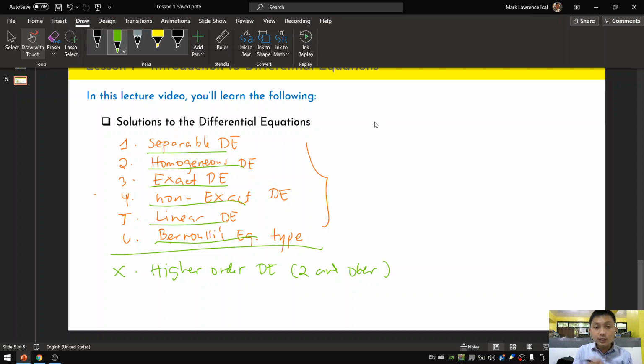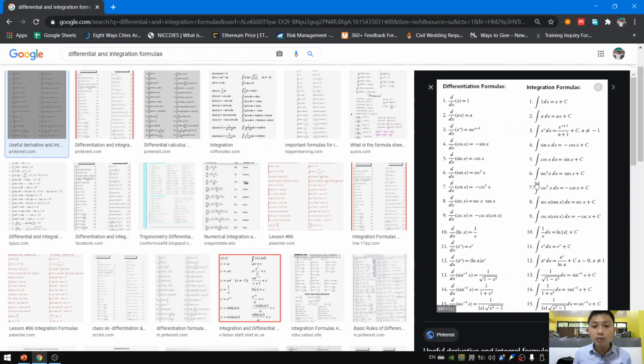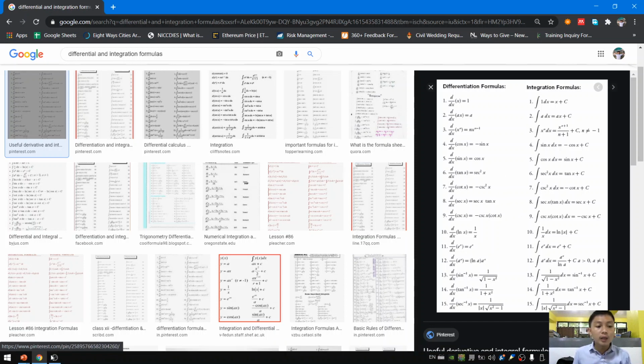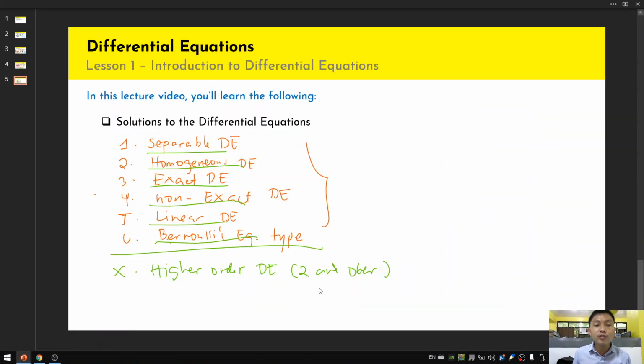However, since this is already an online class and hindi naman masyadong stricto pagdating sa math ngayon, what I suggest is that you print out, or always put at your side, the differentiation and integration formulas, because you will always need this. And you remember all the differential and integration techniques.